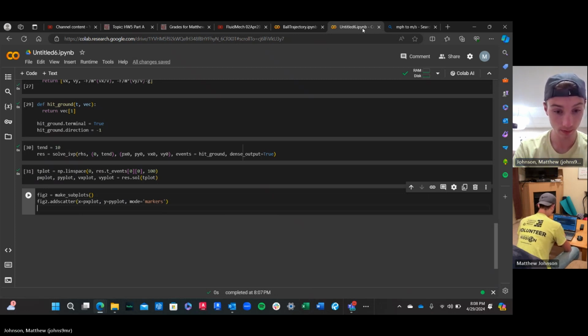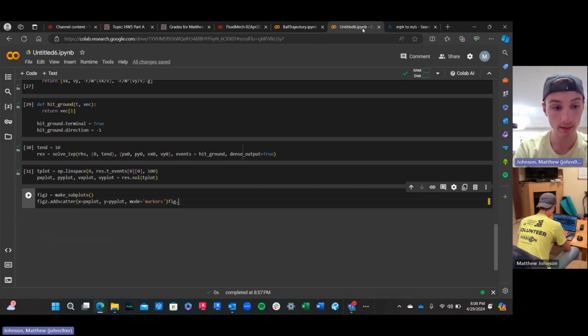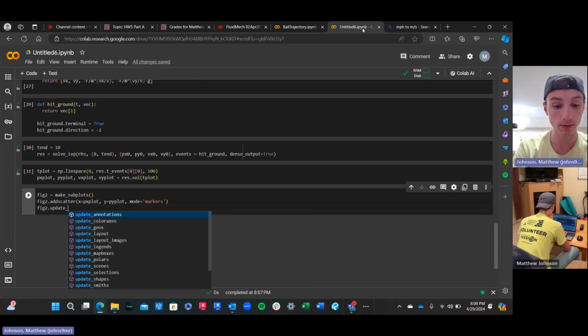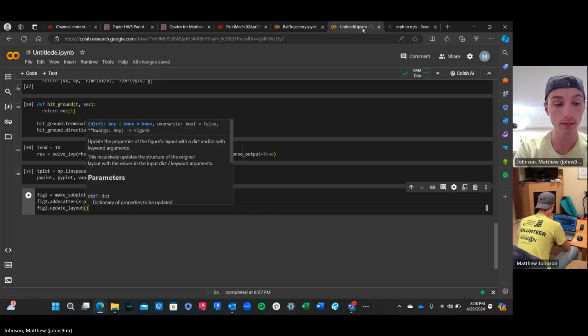Okay. We can then do an update. Fig2 dot update layout. We're gonna do width.